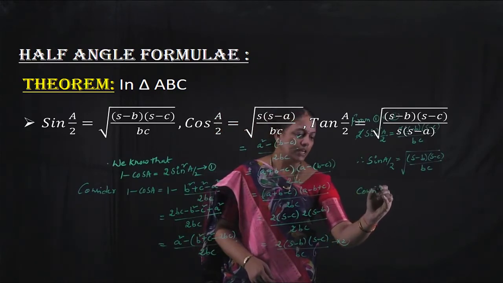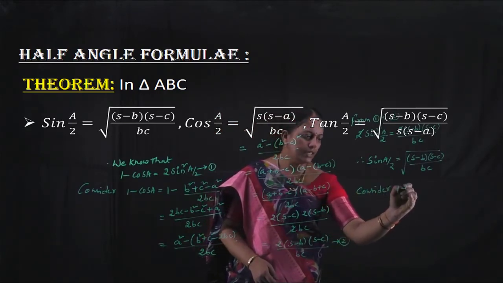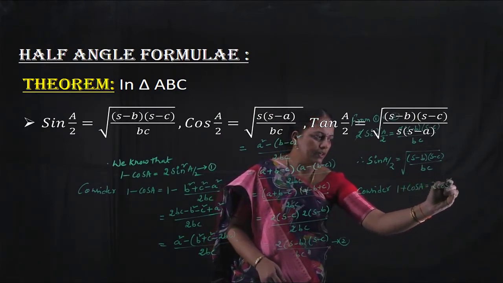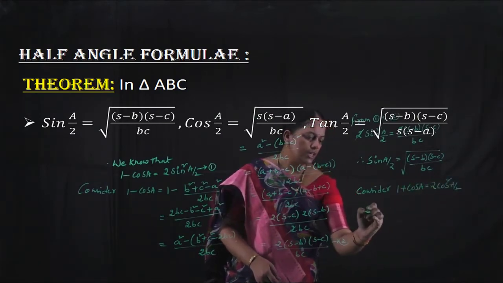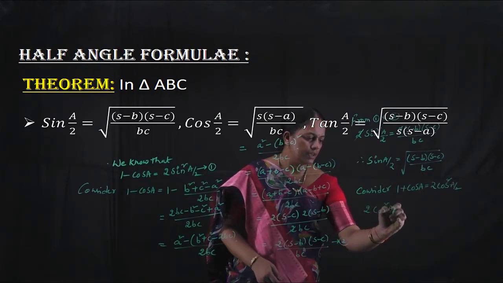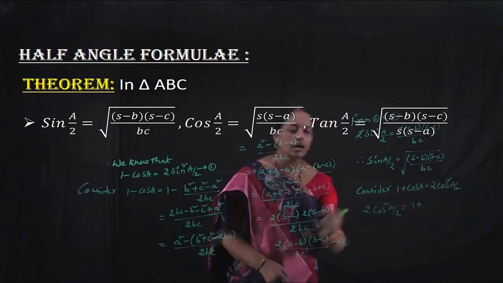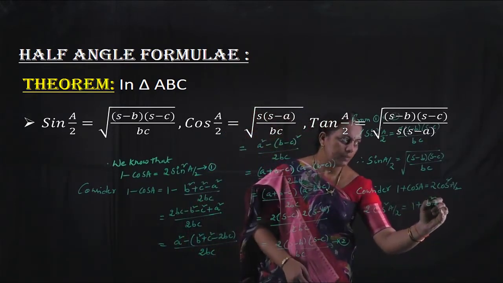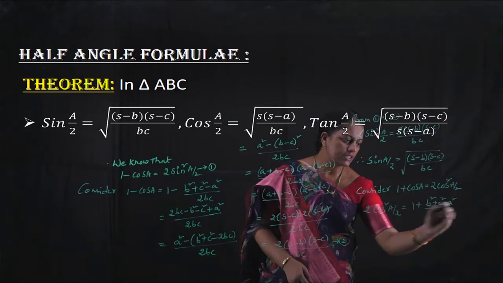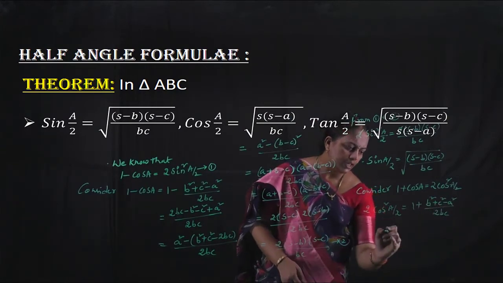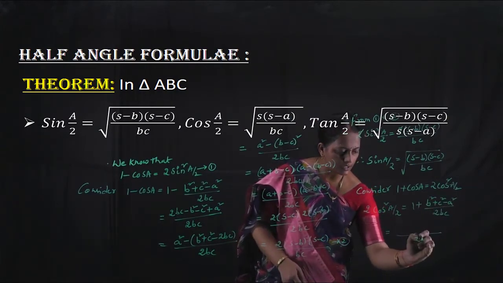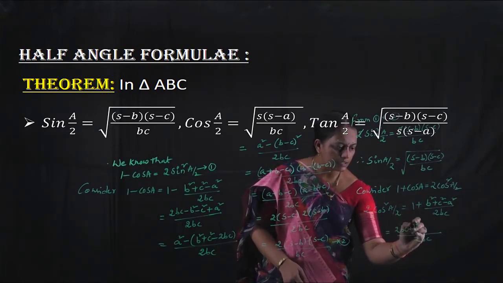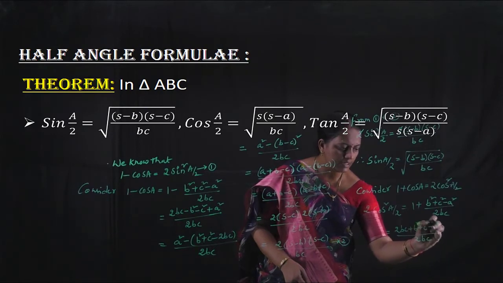Consider 1 plus cos A. 1 plus cos A is equal to 2 cos square A/2. From the cosine rule, cos A means (b square plus c square minus a square) by 2bc. Here, taking the LCM as 2bc, in the numerator we get 2bc plus b square plus c square minus a square.